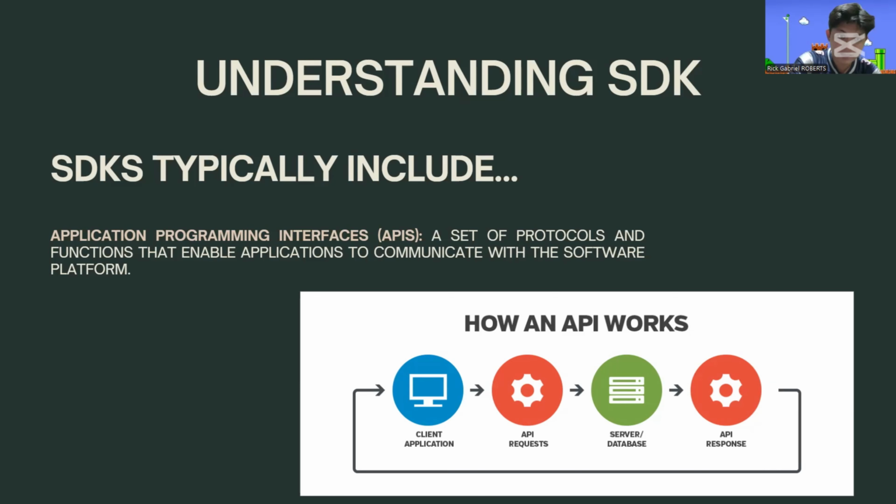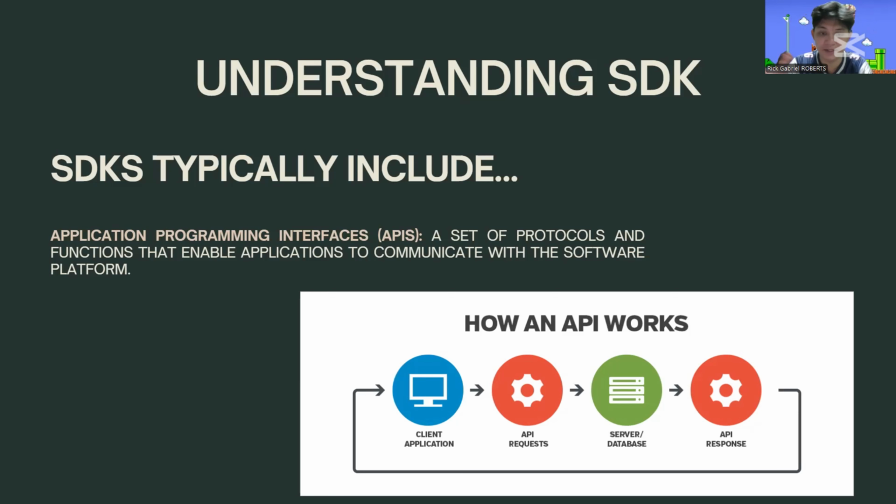So an API is just like a built-in protocol that enables applications to communicate with software and platforms. For example, the client application sends a request to the API, which goes to the server or database, then the API sends a response, which answers the application of the client.